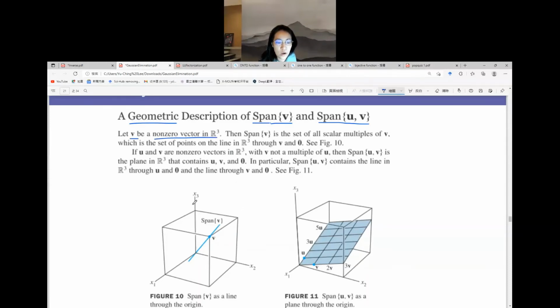So we work on a whole space. 母空间 is a three-dimensional space. And then since there's only one vector inside the braces, 大括号里面只有一个向量.